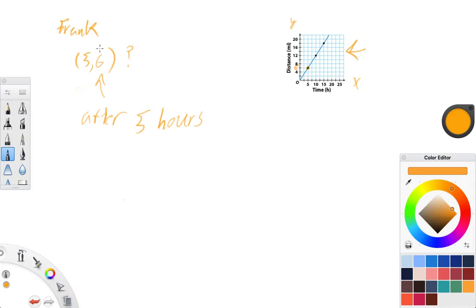And that's what our y value is, our 6 is 6 miles. After 5 hours, Frank has traveled 6 miles.